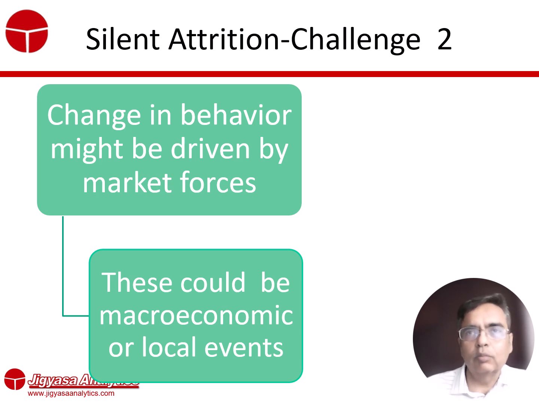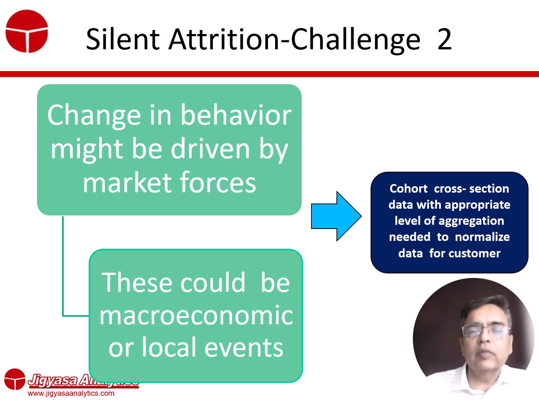There might be a local storm which caused a disruption for a period of time and led to not so normal behavior. And therefore, cohort cross section data with appropriate level of aggregation is needed to create a baseline against which you measure the customer's behavior. And doing that allows you to get a true measure of silent attrition.